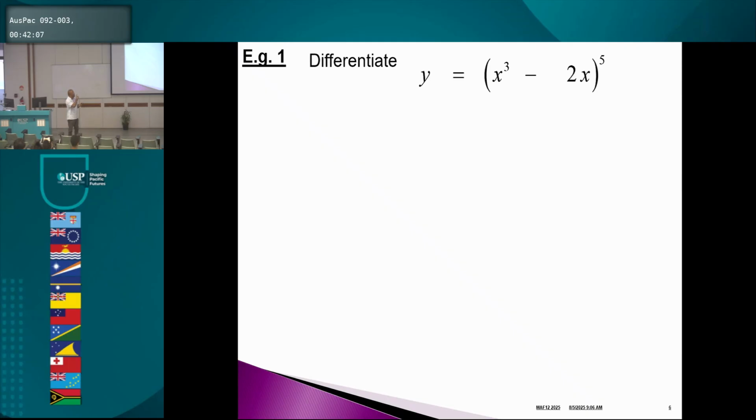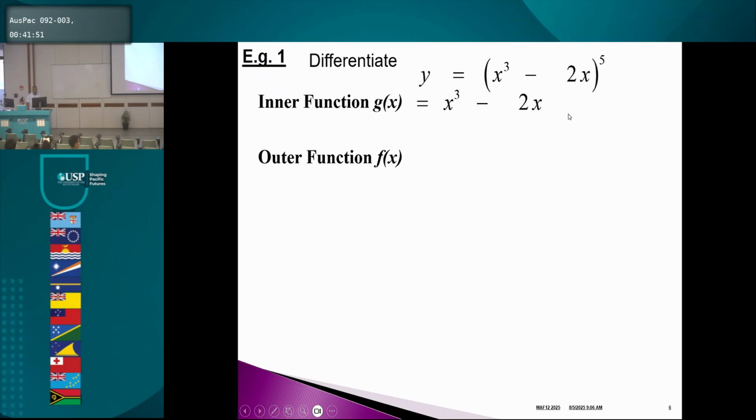And then we will leave the inner as it is. The inner function is x cubed minus 2x. The outer is x to the power 5.